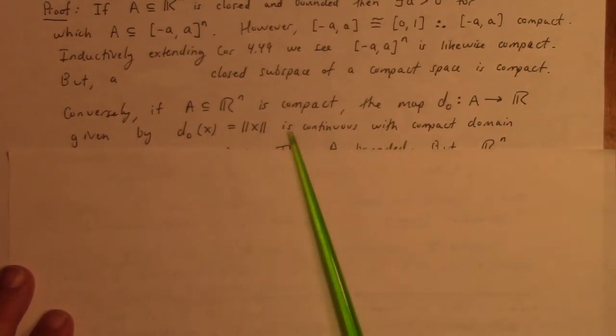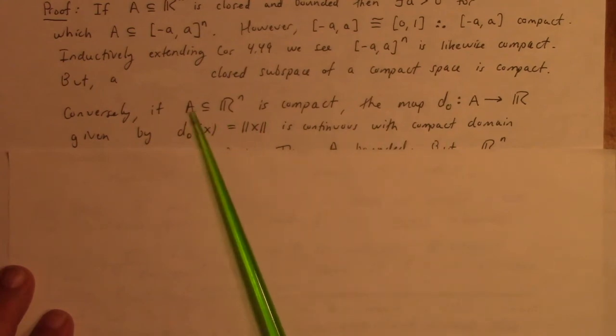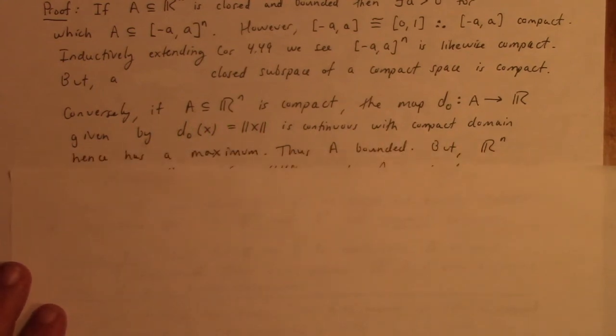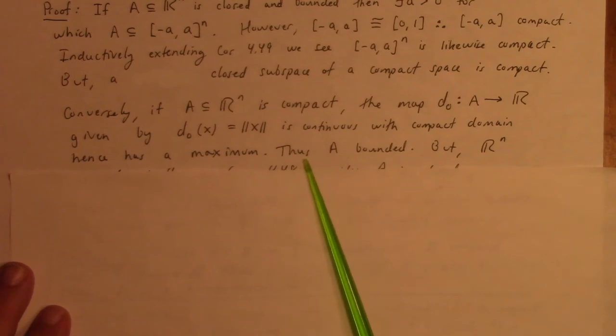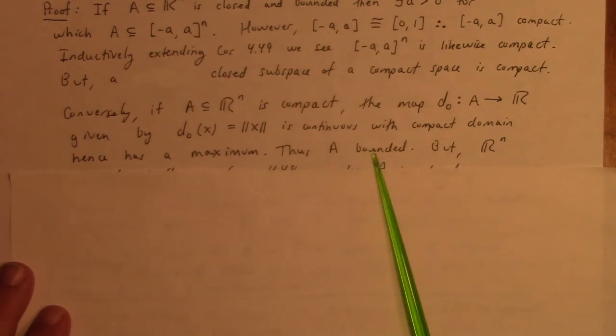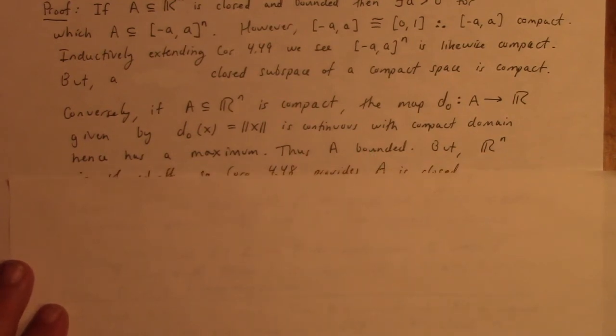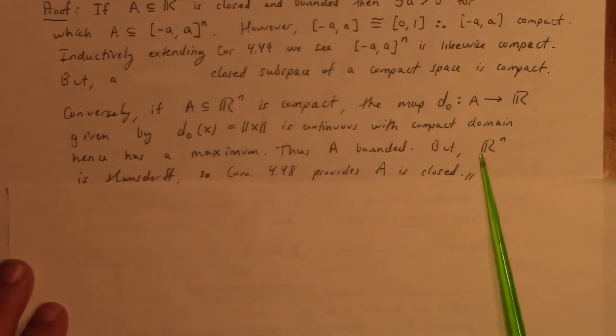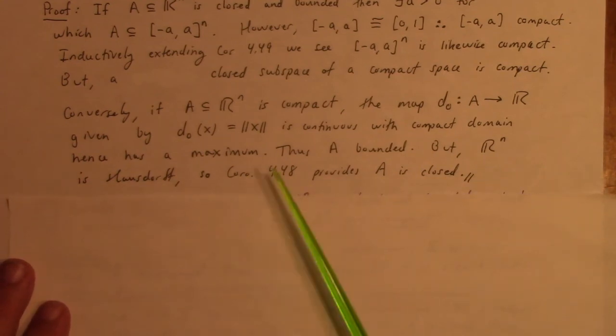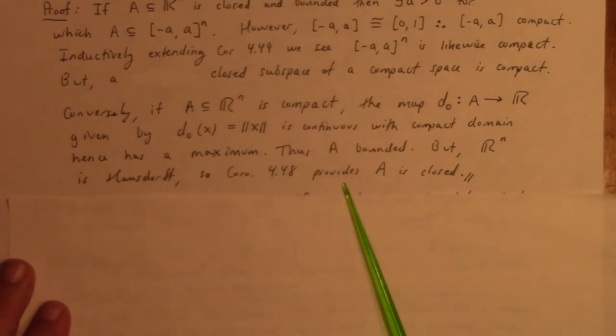Since this is a continuous map and it has a compact domain by assumption, it has a maximum by the extreme value theorem. Thus, A is bounded. But Rn is Hausdorff, so corollary 4.48 provides that A is closed.